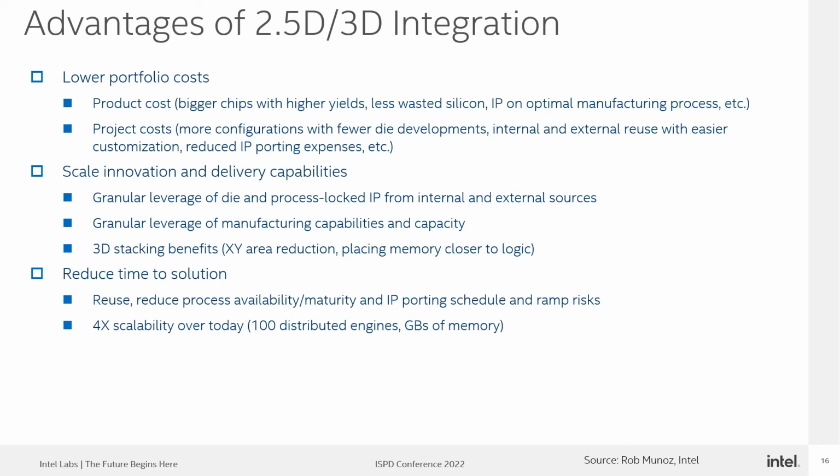And because of EMIB kind of solutions and also base die, if they are passive, we can have 4x scalability over today, meaning 4 times the silicon die in a package that we have ever built. That means hundreds of distributed engines and gigabytes of memory inside the package. We really don't have to go to DRAM for many applications or workloads that we are trying to solve with these 3D stacked processors.